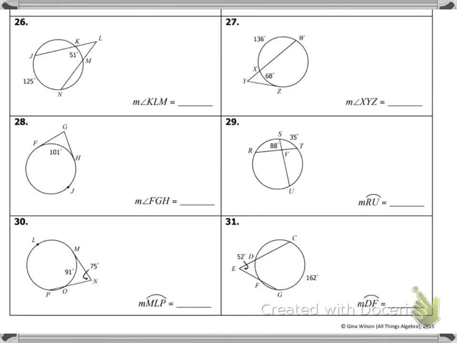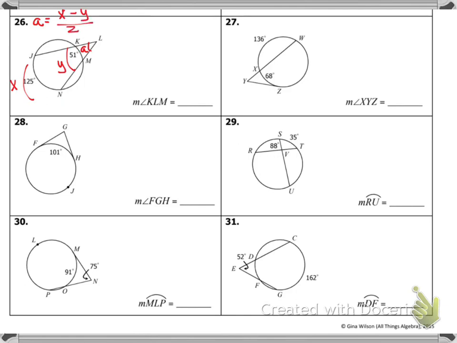For these, I really suggest making a formula sheet for the relationships here. So the relationship between this angle, 125 and 51, and then the angle here, is you need to subtract them and then divide that by 2. So if this was x and this was y and this was angle A, you're going to get A is equal to (x minus y) divided by 2.